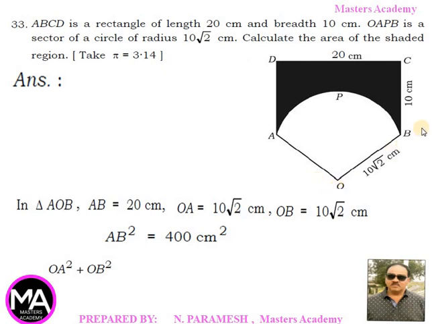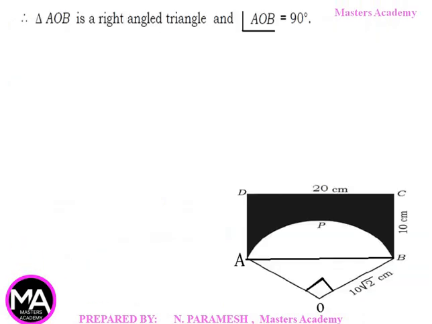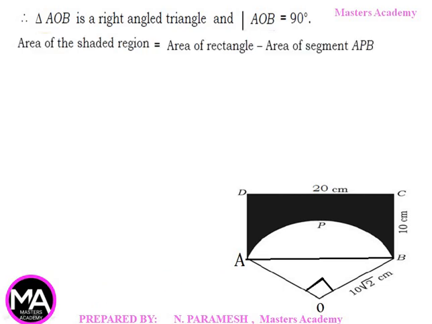OA square plus OB square is equal to (10 root 2) whole square plus (10 root 2) whole square, is equal to 100 into 2 plus 100 into 2, that is equal to 400 centimeter square. Therefore, AB square is equal to OA square plus OB square. Therefore, triangle AOB is a right angle triangle and angle AOB is equal to 90 degree.